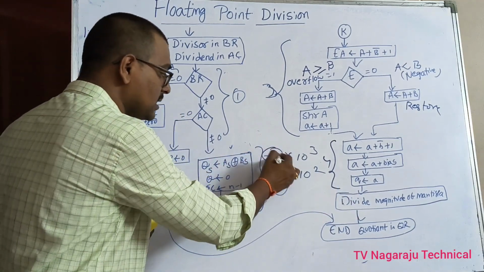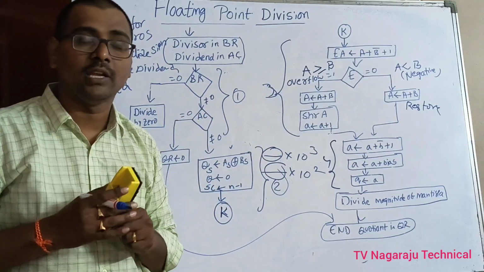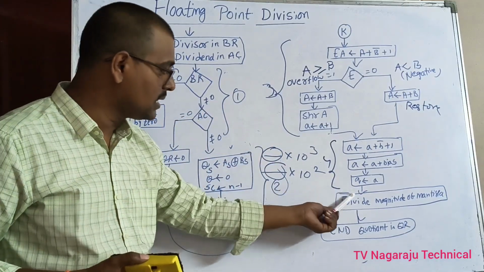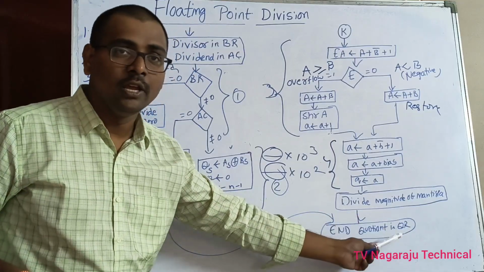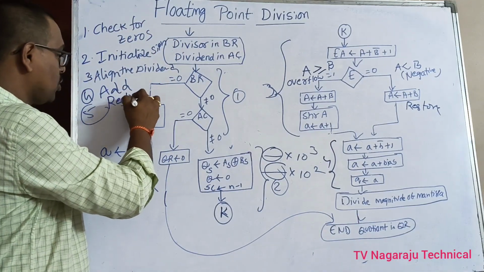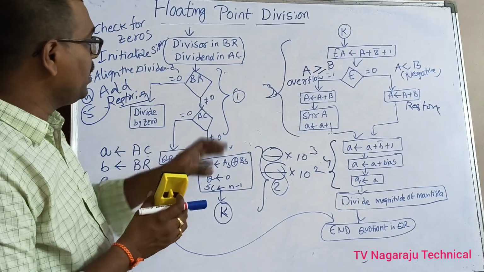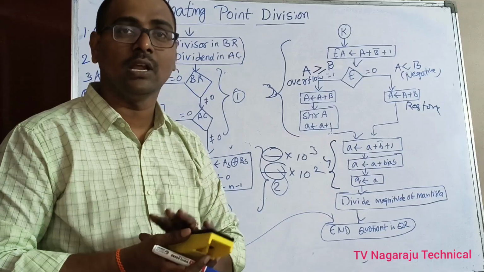Whatever mantissas are available here, the regular restoring division operation is applied between the mantissas, and the result is stored in QR. So division is done by using the restoring fixed point division algorithm. This is the way to perform floating point division operation.